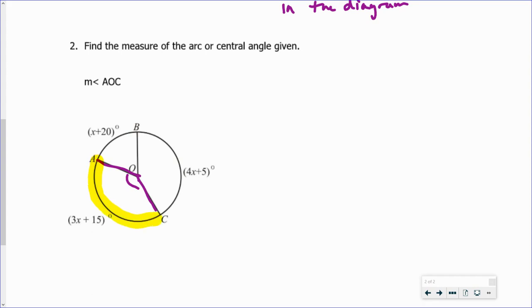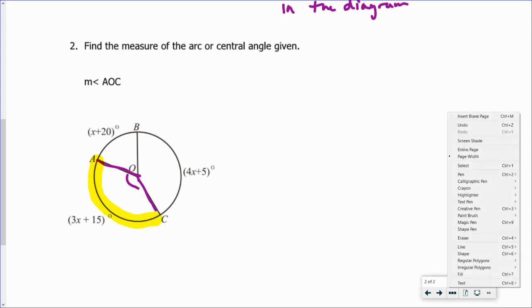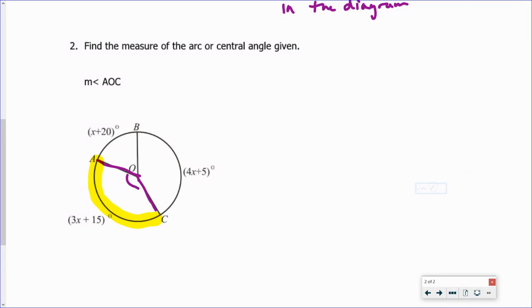So if we can find the degree measure of that arc, arc AC, then we're going to be able to find that interior angle measure. Now, if you look, we have the measure of arc AB given to us as x plus 20, arc AC as 3x plus 15, and then the measure of arc BC as 4x plus 5.